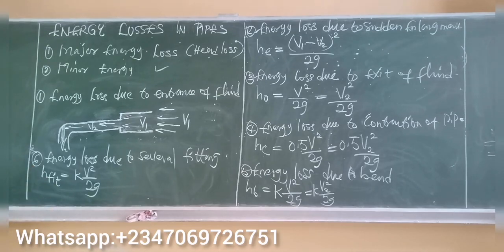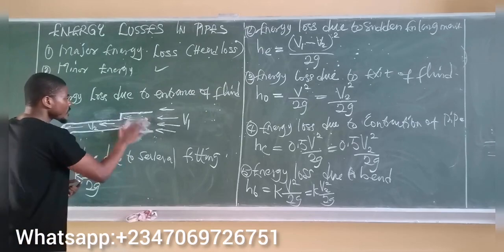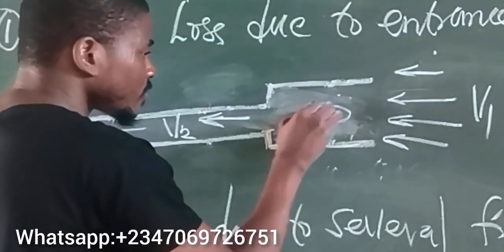Now, the final minor energy loss which takes place in a fluid flow is energy loss due to obstruction. If there was an obstruction, let's say in this pipe we had a stone, a stone could constitute an obstruction.